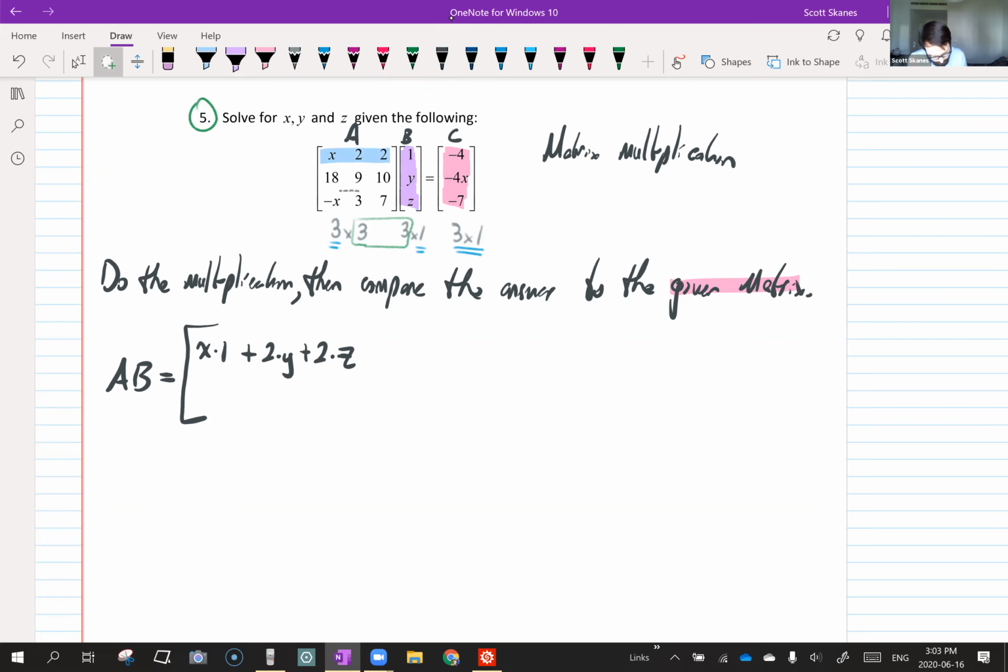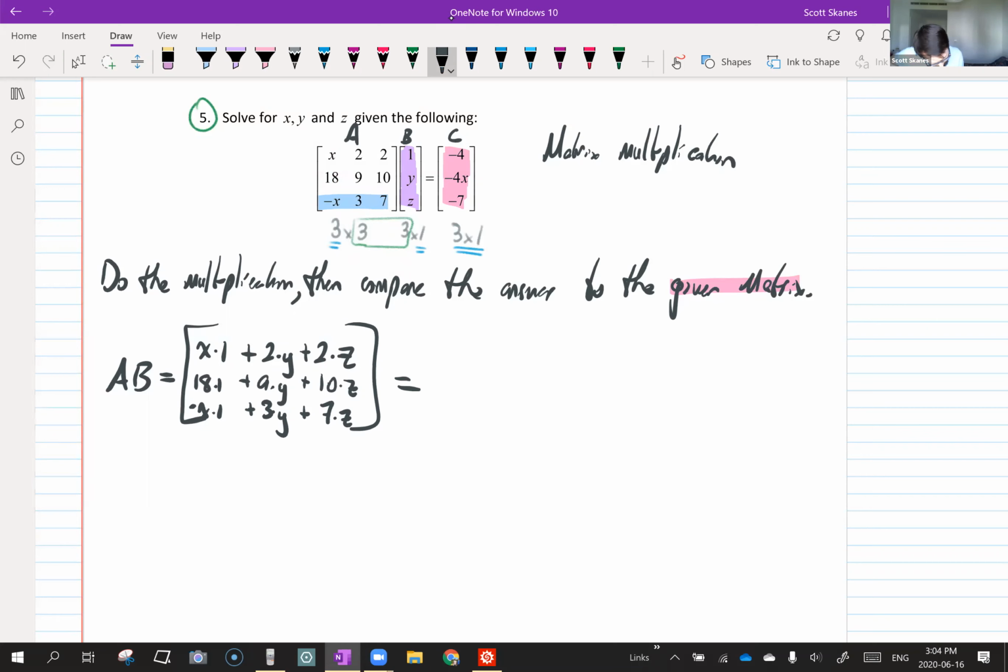For the second row multiplied by the first column, it's going to be 18 times 1 plus 9 times y plus 10 times z. And then for my last row, it's going to be negative x times 1 plus 3 times y plus 7 times z, or 7z. So let's simplify that a little bit.